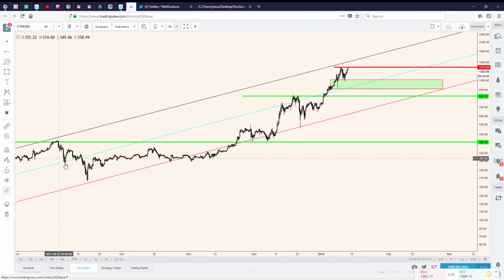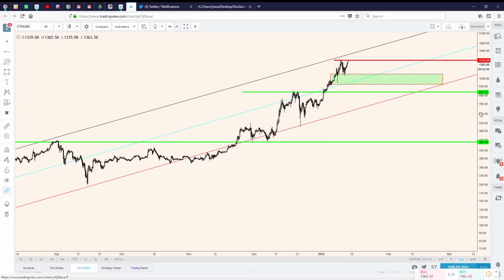Over here you can see that it was a little bit of a support, but it did break down lower and eventually find the other side of that channel. So that's how I like setting stuff up.